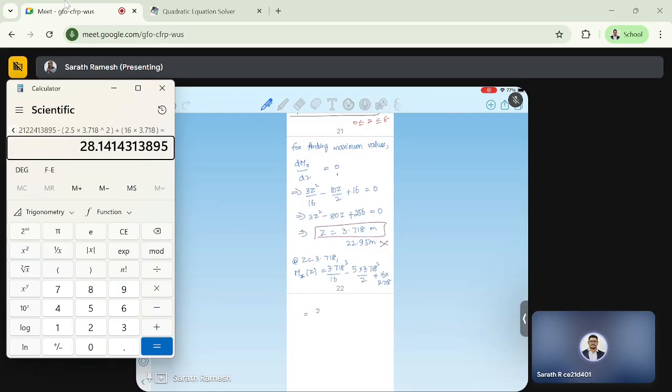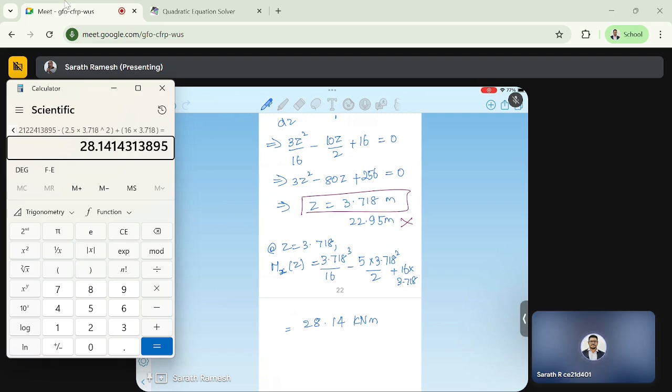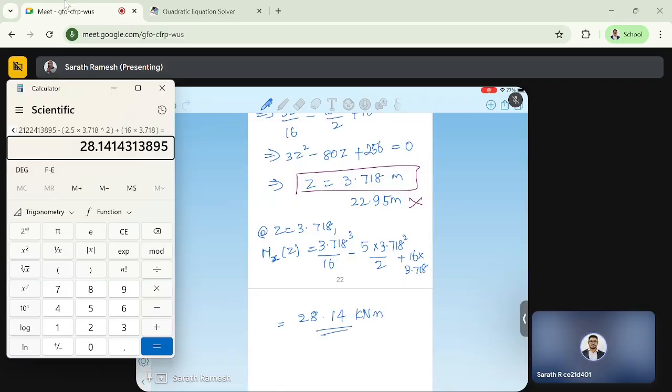So this is equal to 28.14 kilonewton meters. Okay, positive moment which is sagging. Of course, in a simply supported beam, it is going to sag. So I am getting the positive maximum value.